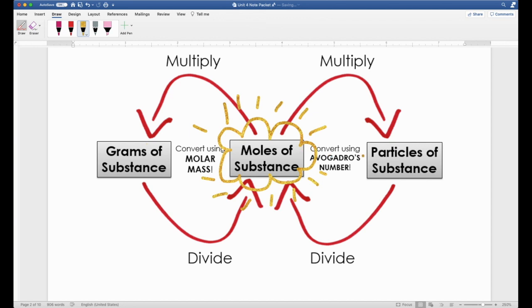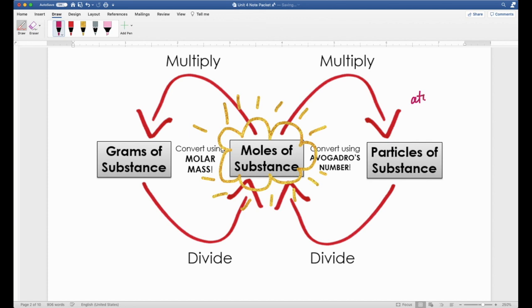On the other hand, if you are converting to particles from moles, you do need to use Avogadro's number. And Avogadro's number is that 6.02 times 10 to the 23rd of anything is equal to 1 mole. If I'm going from moles to particles, you do need to multiply by Avogadro's number. And if you're going the opposite direction, particles to moles, you need to divide. Just another thing before I sign off here, remember that a particle could be a lot of different things.